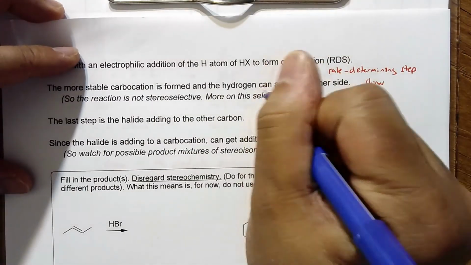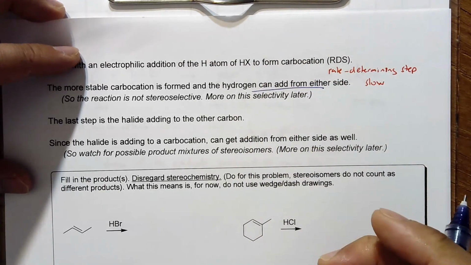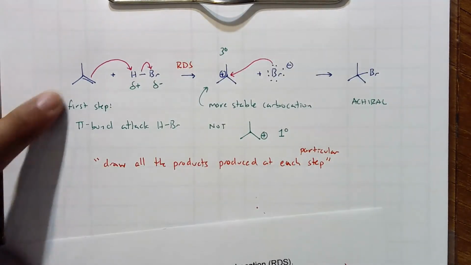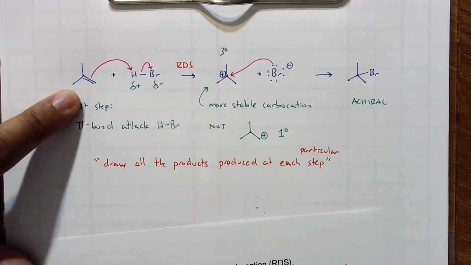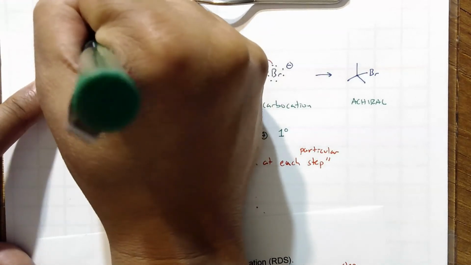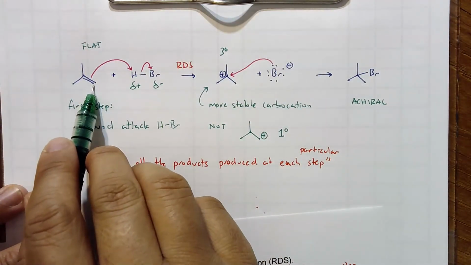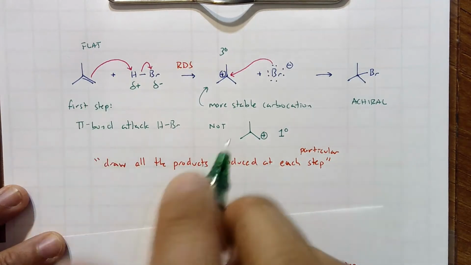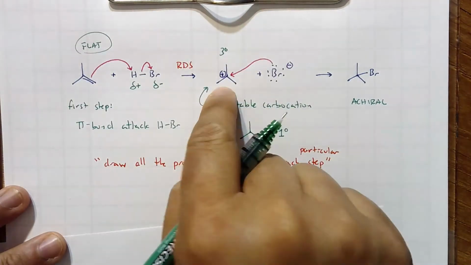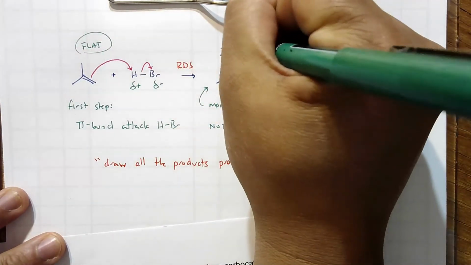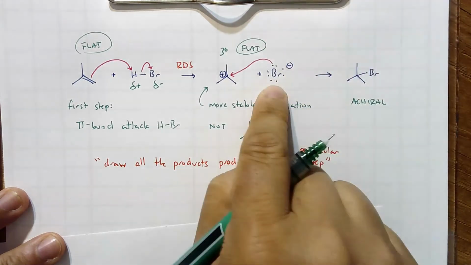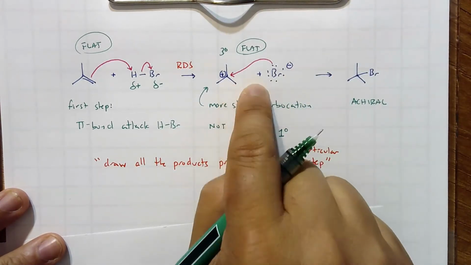Oh, here's something new. The hydrogen can add from either side. What do I mean by that? That alkene is flat. So this hydrogen can come from, you can think of it as, the front or the back. But also this carbocation is flat. So the bromine can come from the front or the back.